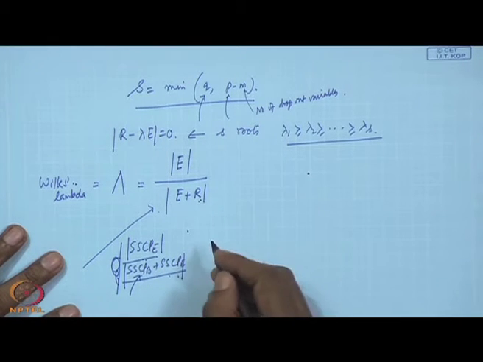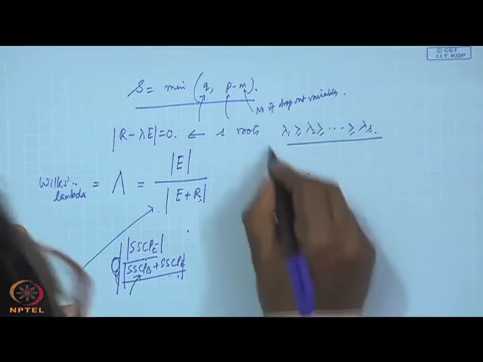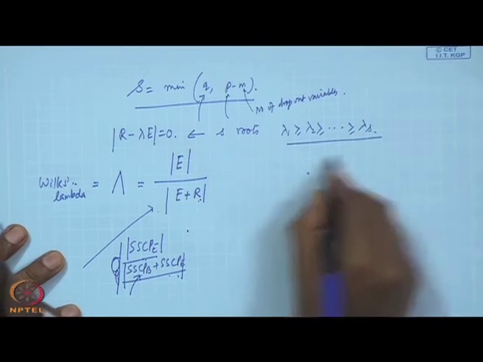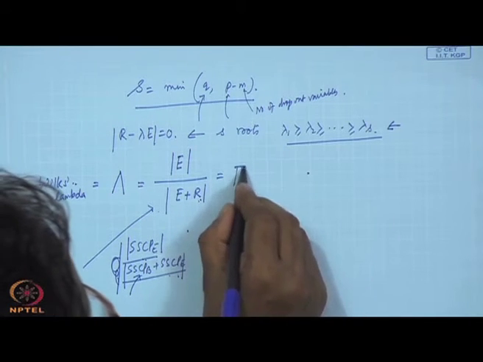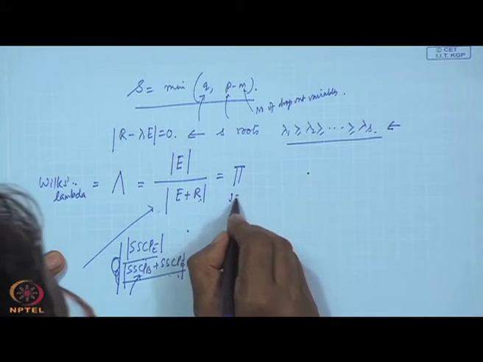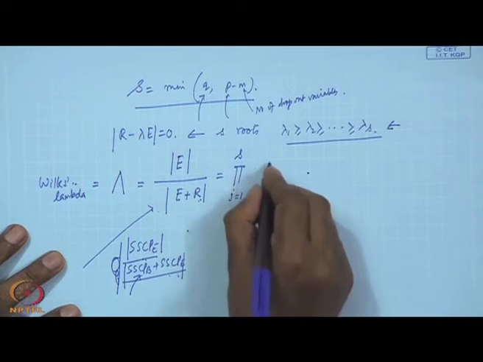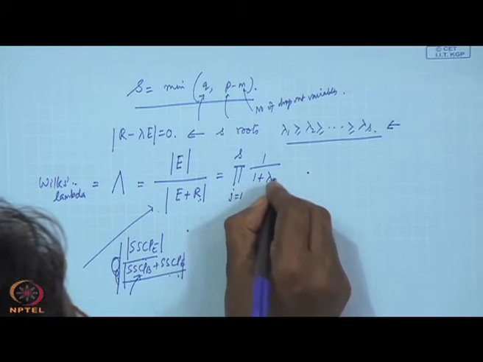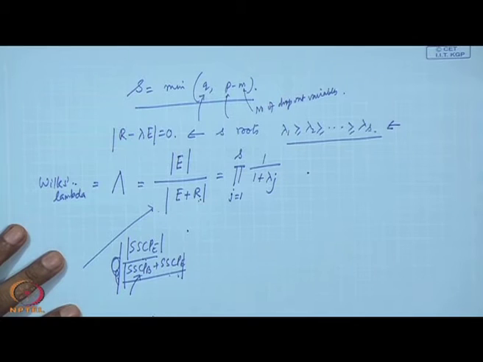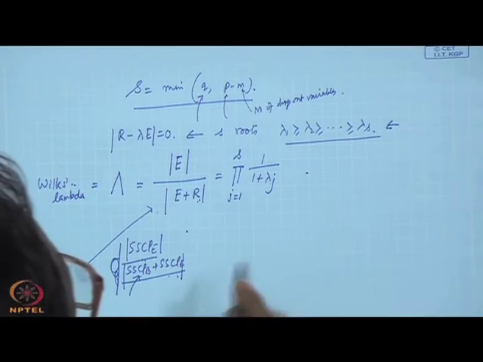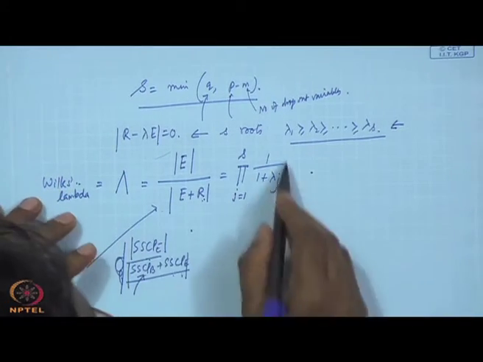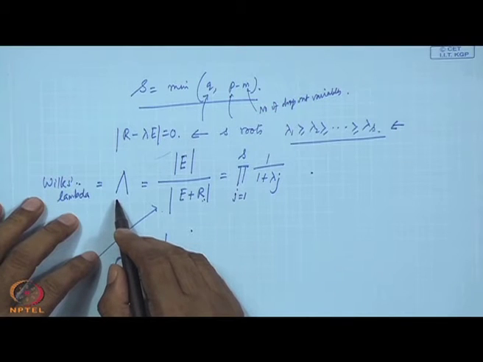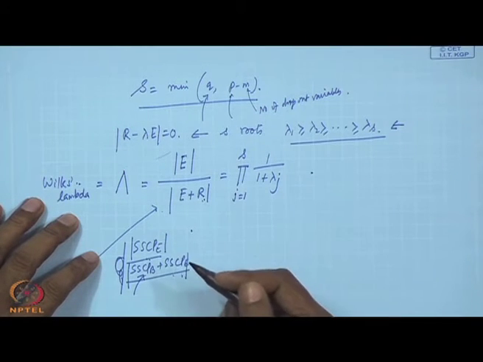When you define this in terms of your eigenvalues, it will be the product over j equal to 1 to S of 1 by 1 plus lambda j. Okay. So what you require is to solve this equation, find the lambda values, and then you will be able to find the Wilks lambda values also, small lambda and capital lambda.